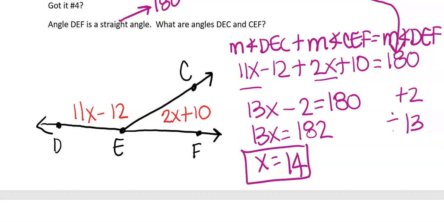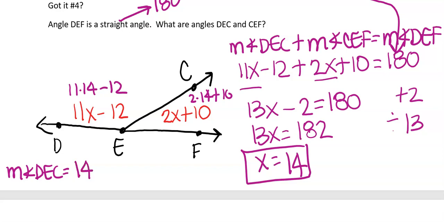Again, they're asking for the measures. So we take 11 times 14 minus 12 and 2 times 14 plus 10. The measure of angle DEC is 11 times 14 minus 12, which is 142.